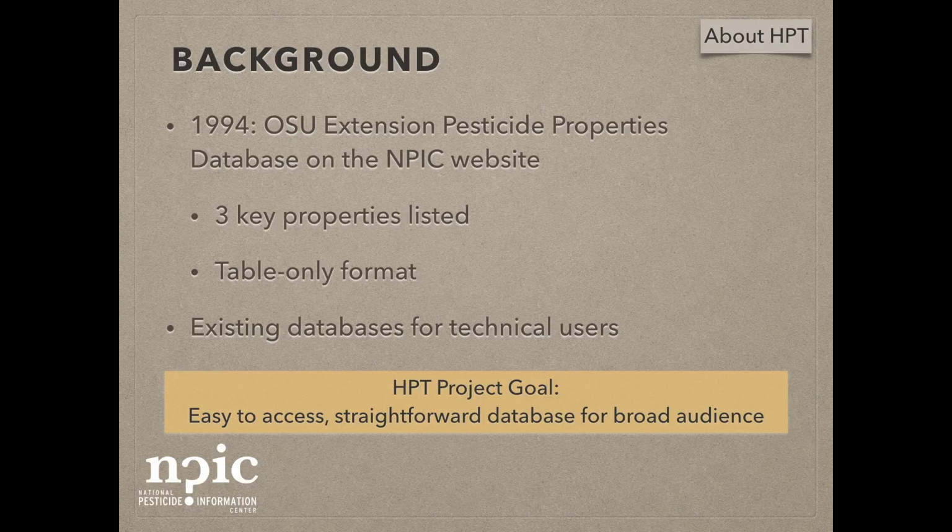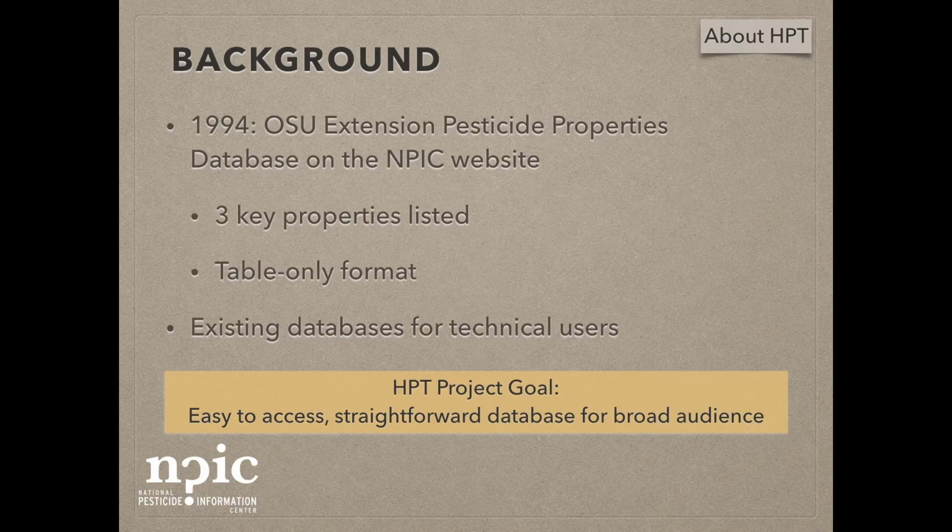And a little bit of background on where we were coming from when we chose to create this. So in the mid-90s, the OSU Extension Pesticide Properties Database was compiled by experts, and it has been and really still is available from the NPIC website. The database was designed with a technical audience in mind, and it's available in a table-only format.